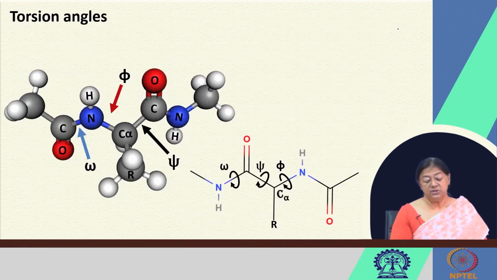Our next important aspect of understanding the geometry of the backbone, which we touched upon in the previous class for the primary structures, is an understanding about the rotation about the single bonds, because when we look at the rotation, we are looking at specific geometry, and when we look at the specific geometry, we can try and correlate this with the pattern that is observed in the strands and in the alpha helix.